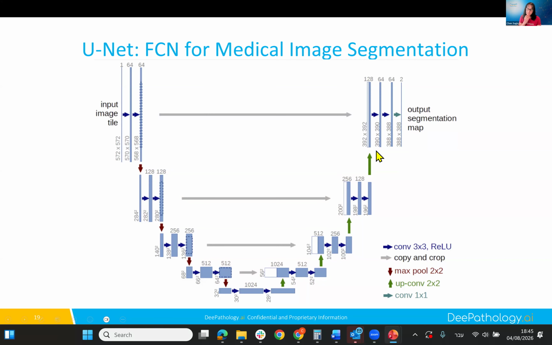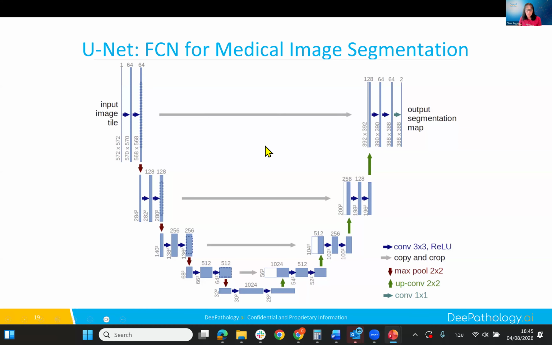What's interesting here is that we have these gray arrows. These gray arrows are some kind of sanity check of the neural network. It means that in each and every step, we are also transmitting the information that survived that layer.